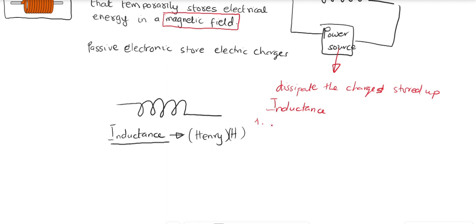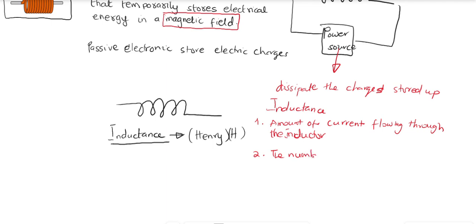One is the amount of current flowing through the inductor. Then two, it also depends on the number of coil turns.